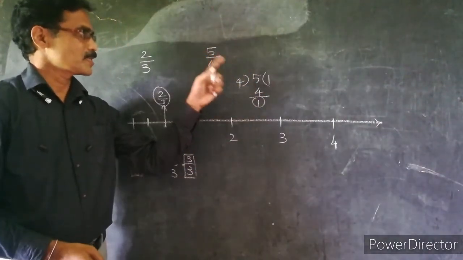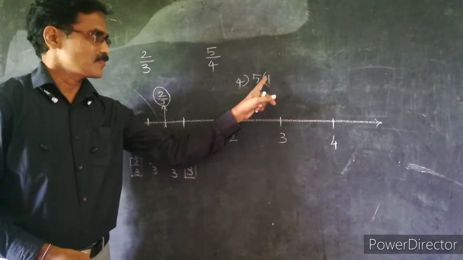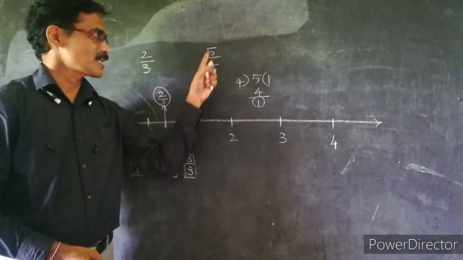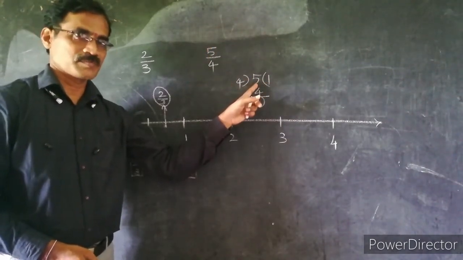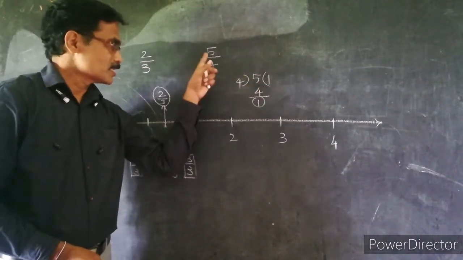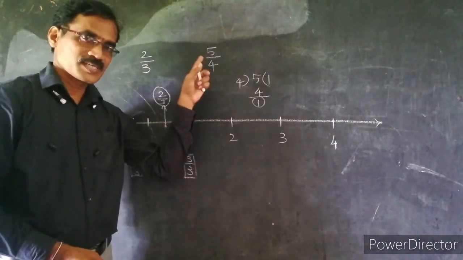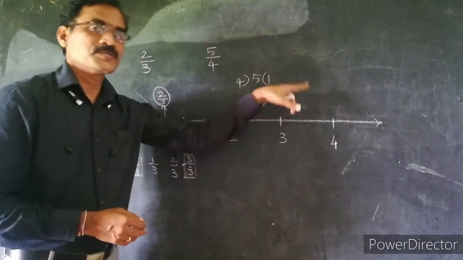So this rational number is between 1 and 2.